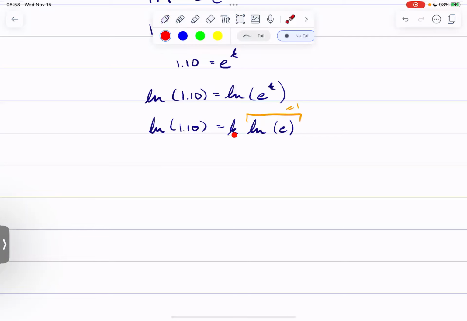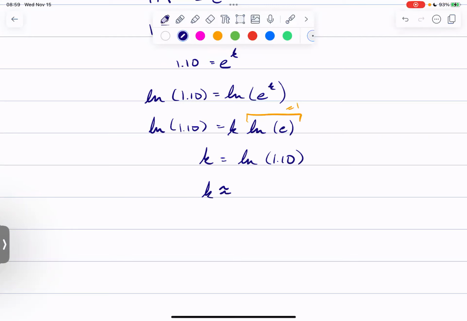Solving for k, I'm done. K times 1 is the natural log of 1.1. K is the natural log of 1.1, or k is approximately 0.0953101798, but I would probably just leave it as the natural log of 1.10.